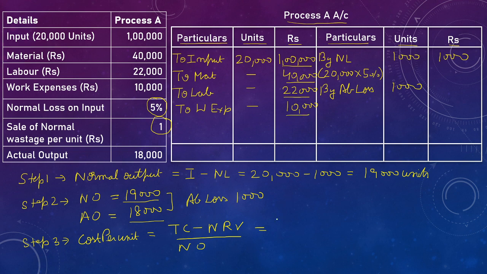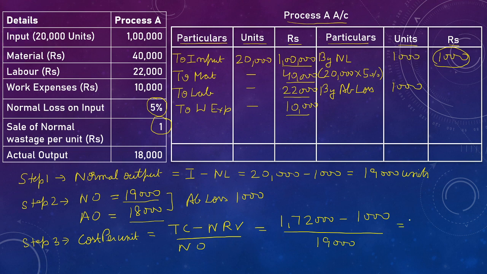So our total cost of this process is 1,72,000, and the net realizable value, the sale value of normal loss, is 1,000 rupees. So we deduct the 1,000 rupees and divide by normal output, that is 19,000 units.